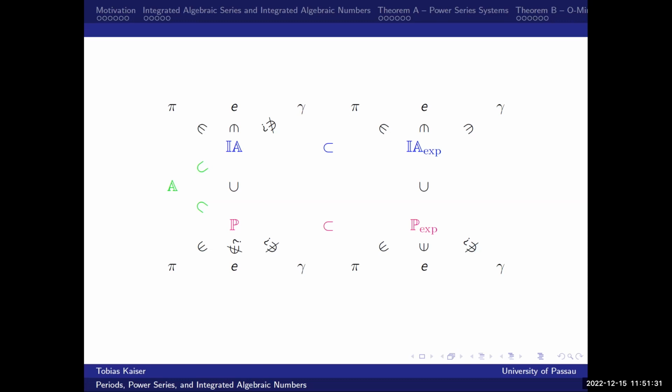This is no problem. And my final question is, let's say I give you a period. It follows from what you said that it can be written in a simple way using this integrated algebraic stuff.